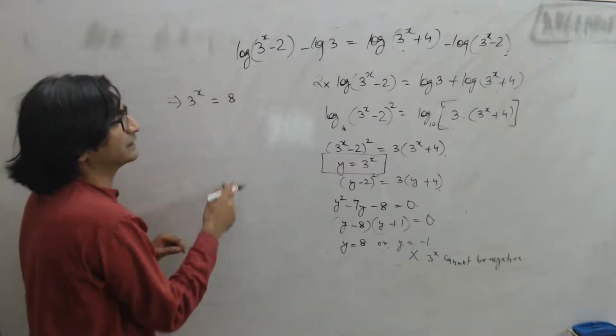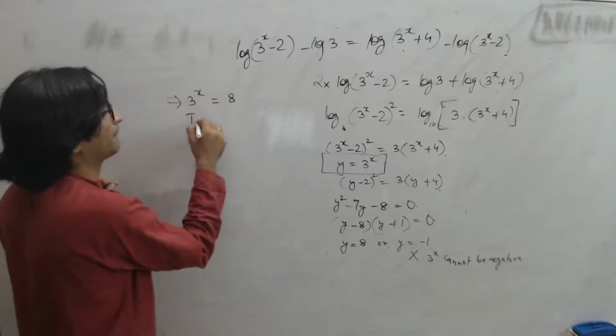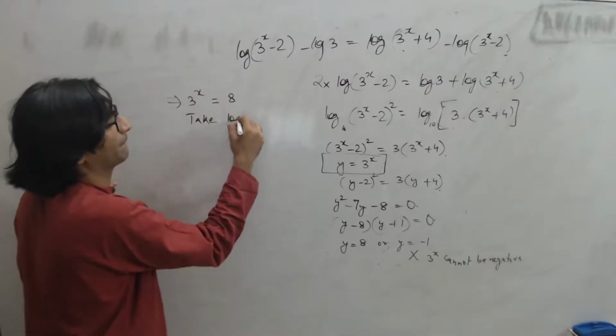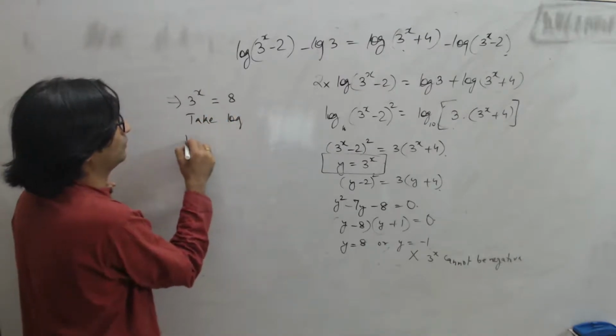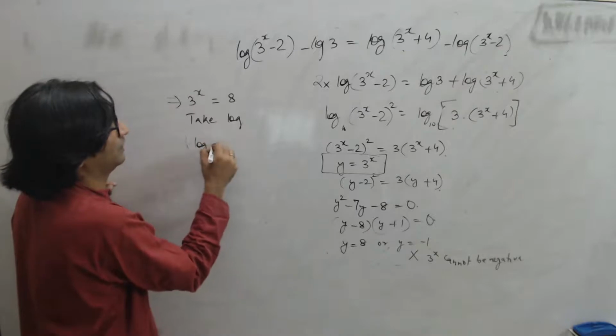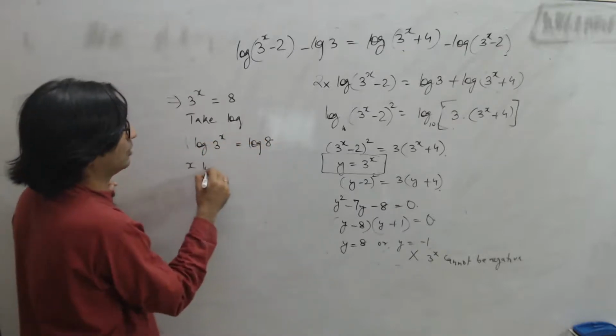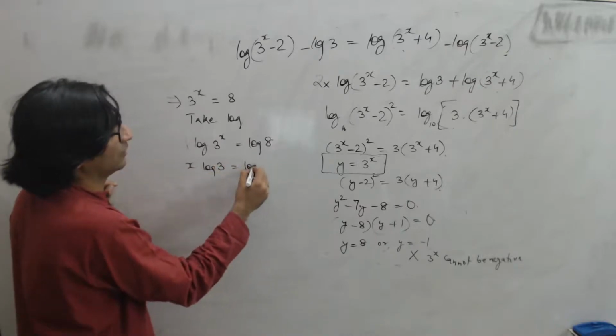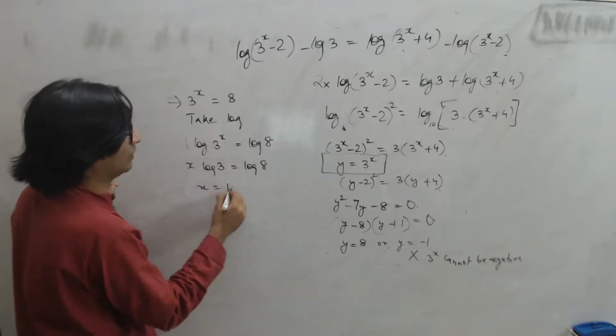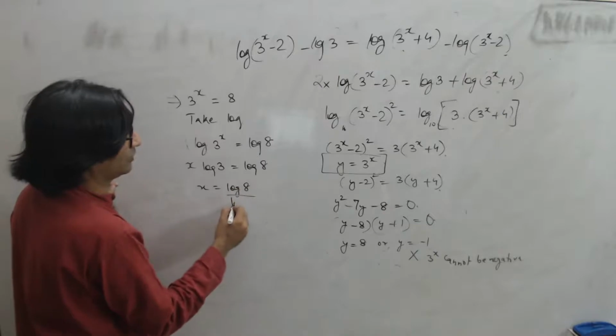To calculate the value of x, you take log. So log of 3 power x will be equal to log of 8, which means x log 3 will be equal to log of 8, which means x will be log of 8 upon log of 3.